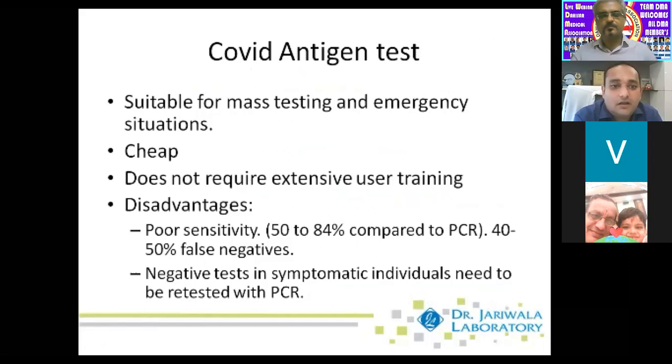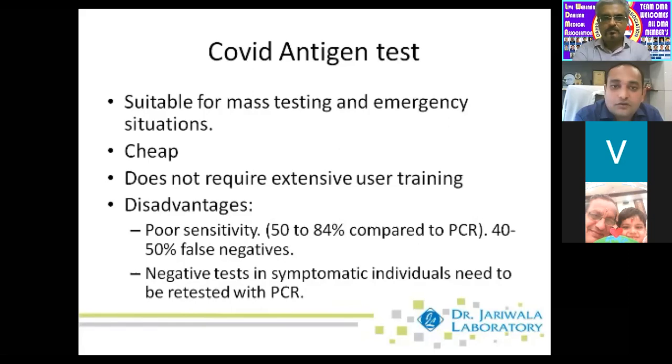Yes. So now the antigen test, as I mentioned, it is available in 3 to 4 hours, but there are certain restrictions when you do an antigen test from the lab. The restriction being that if a test is positive, we need to inform the ICMR and the MCGM, and the MCGM wants to get in touch with the patient first before the patient gets the report and runs away.